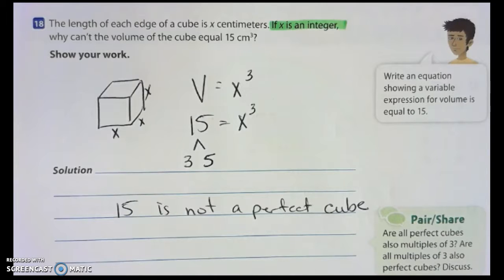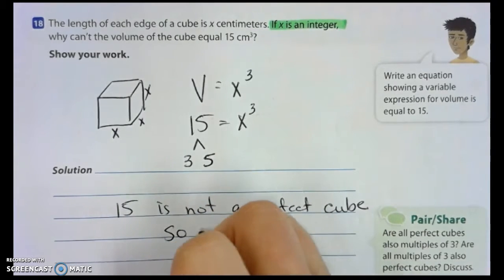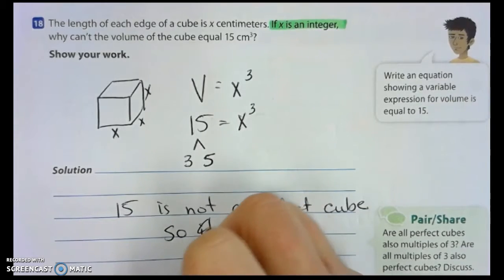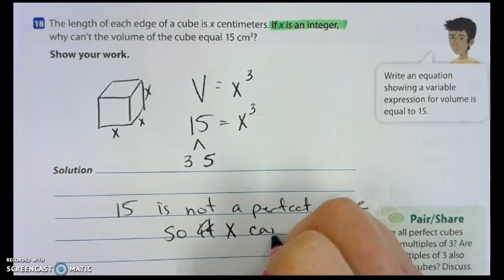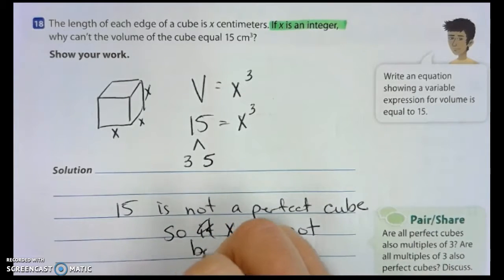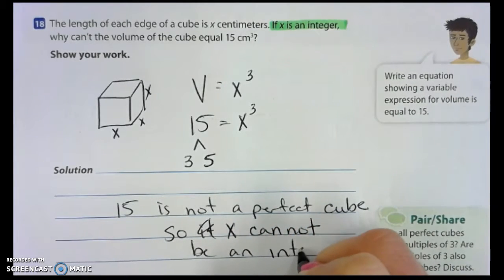Whole numbers cannot have decimals or fractions. Okay? 15 has a cube root, but it is not perfect, so it cannot be an integer. So x cannot be an integer.